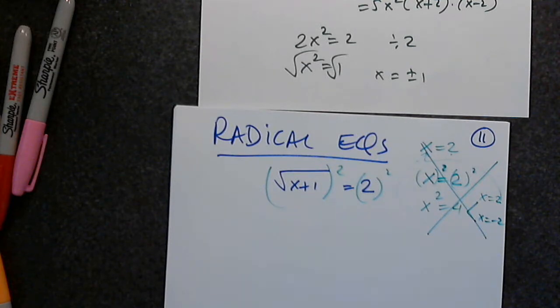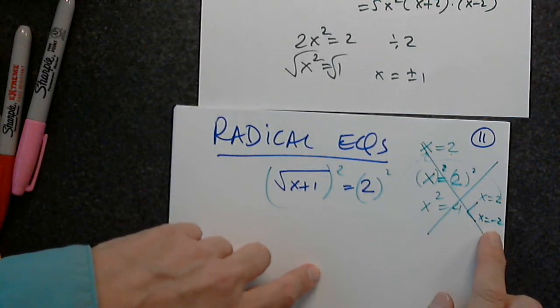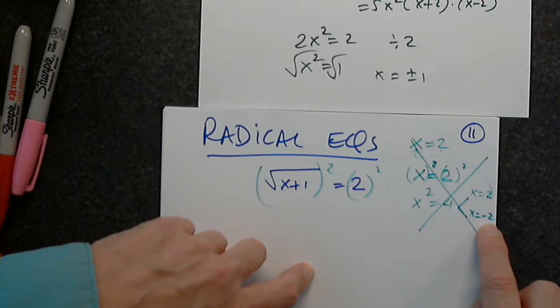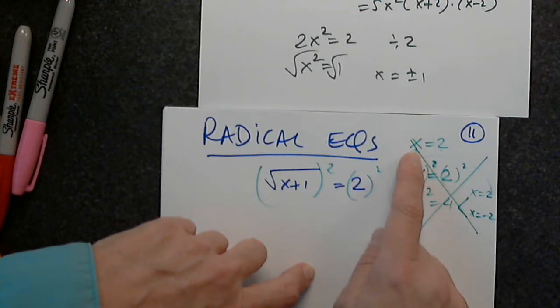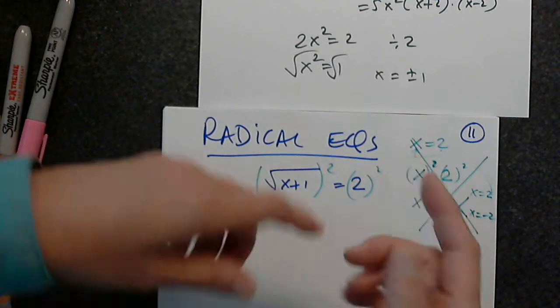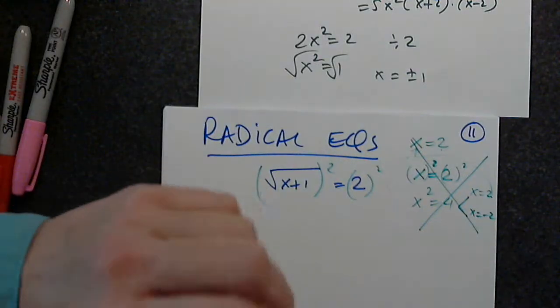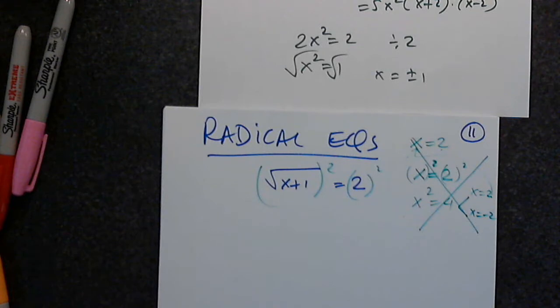So this is an equation. I'm allowed to square both sides. However, as you notice here, I obtained a solution after squaring that did not work in the original problem. Which means after I'm done, I have to go back and check. This is not a legitimate operation. Squaring both sides is not legitimate.